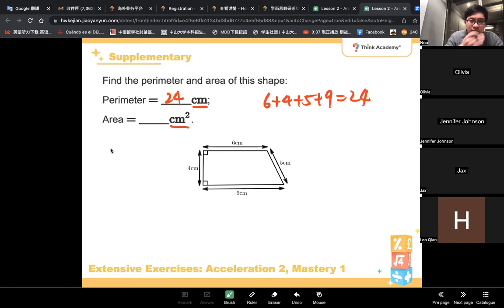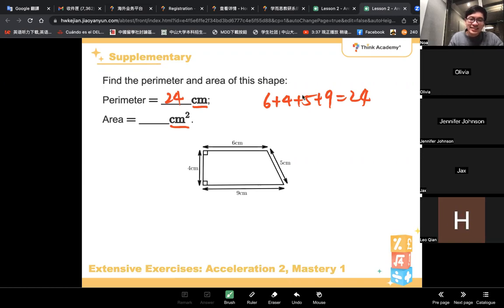Large length, sorry. How big? What's the area of this trapezium? Felix, good job. Unit, guys, unit.